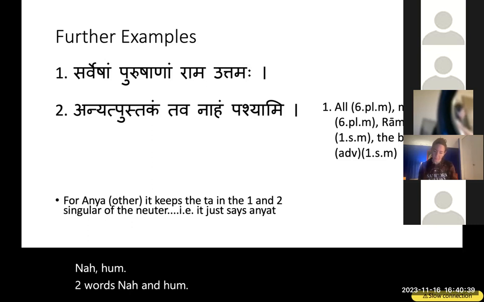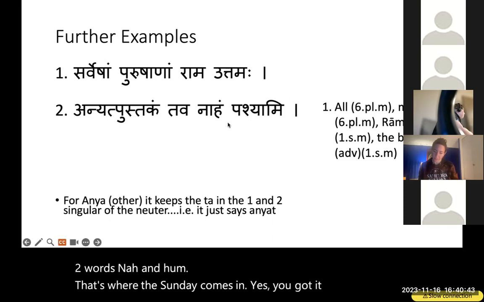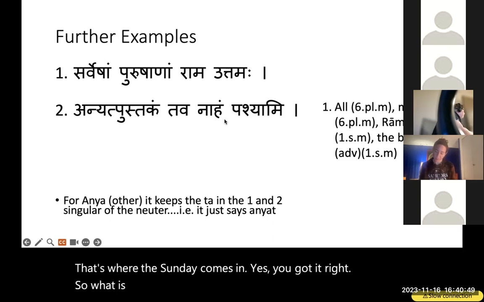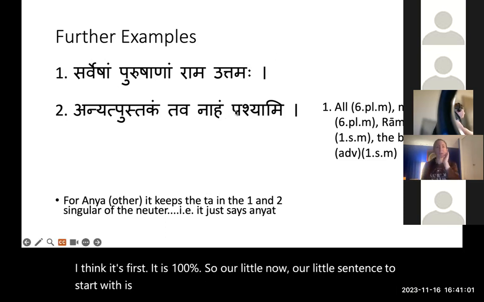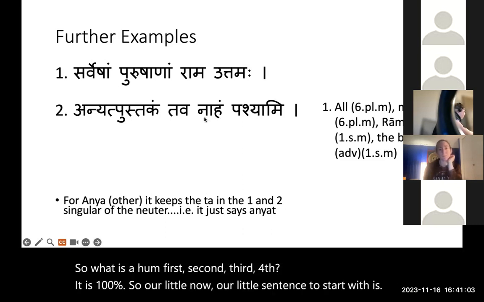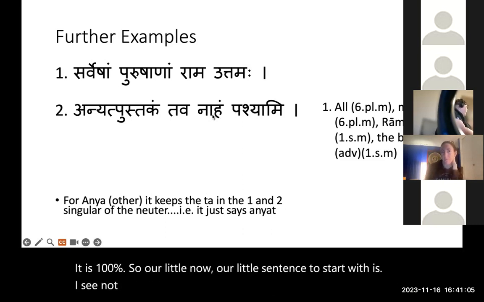Oh, that's where the sandhi comes in. I see. Yes, you got it. Na and aham. So what is aham? First, second, third, fourth? I think it's first. It is 100%. So our little sentence to start with is, I see not. I don't see. Now, let's start playing around over here.